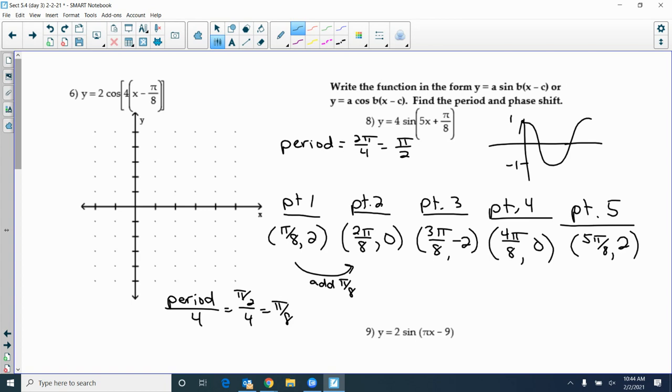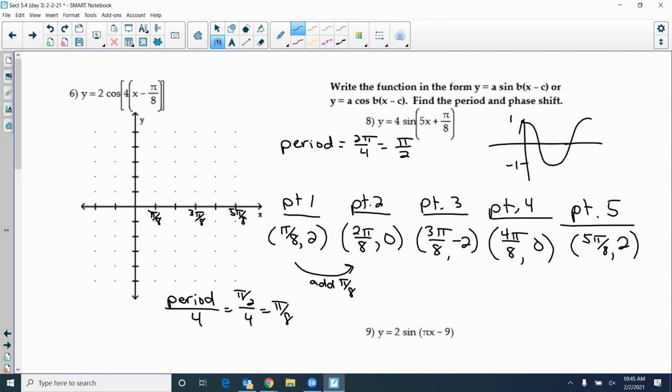Now, do you have enough room to fit that on there? What would be your scale? Don't put pi over 2. Pi over 2 makes no sense in this case. Just make it pi over 8. Can you fit it on there if it's pi over 8? Should be able to. So pi over 8, 2 pi over 8, 3 pi over 8, 4 pi over 8, 5 pi over 8.